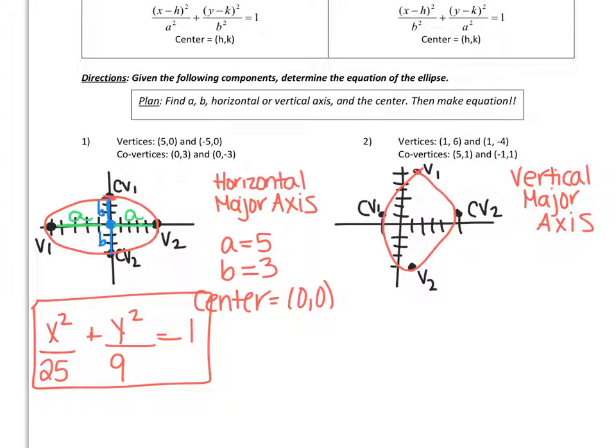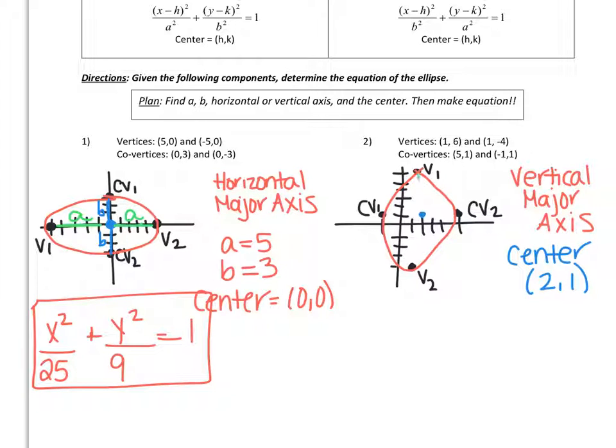So my major axis is 10, so half of that would be where the center is, so that's 5. So if this is 6, we're going to count down 5: 1, 2, 3, 4, 5. So that's my center. So that tells me that my center is 1, 1.